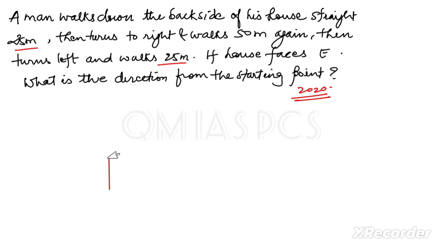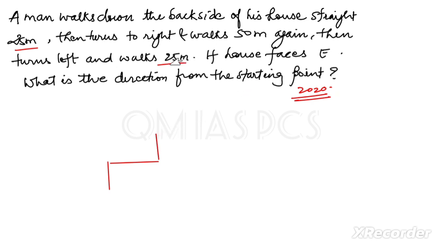Then he turns towards right, right means this direction, and walks 50 meter, double of this one. Again he turns left, left means this direction, and walks 25 meter, half of that, so this is 25.